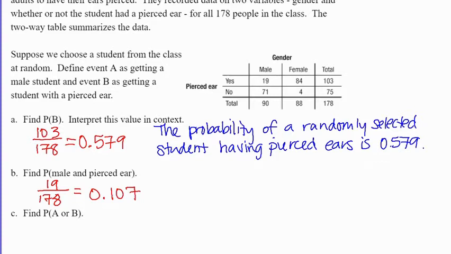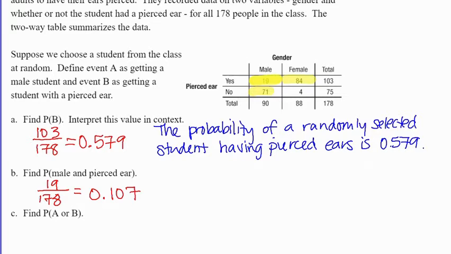Lastly, we want to look at the probability of A or B. So this means the probability of selecting a student who is either male or has pierced ears or both. So if we look at the table, we have males and people with pierced ears, and this is the people who are both males with pierced ears.